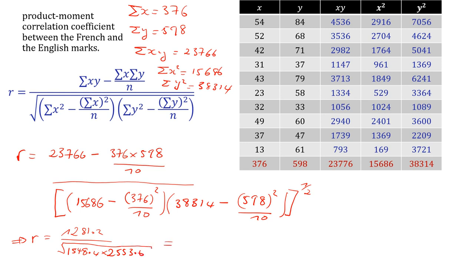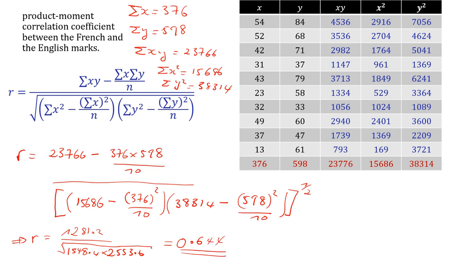So this will be equal to 0.644. I said we leave it to 3 decimal places. So the R is 0.644.